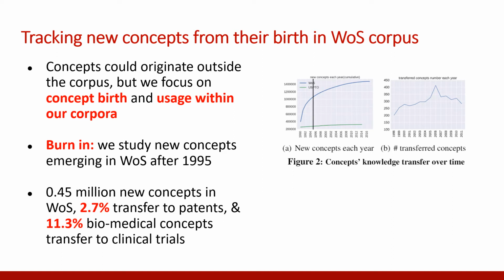Through this, we identified 0.45 million new concepts in Web of Science, where we find 2.7% of the concepts transferred to patents and 11.3% of biomedical concepts transferred to clinical trials eventually, which indicates that transfer is a rare event.